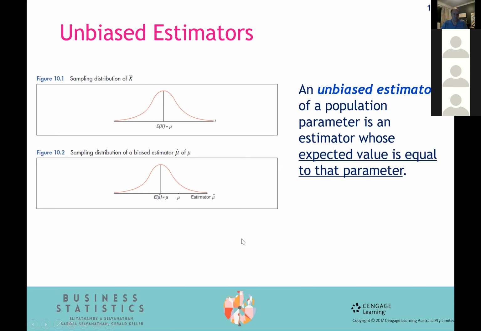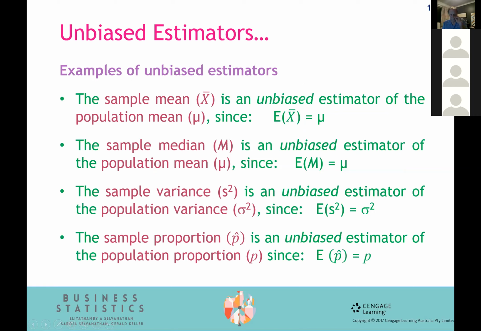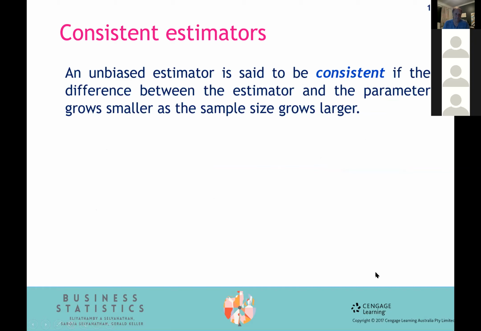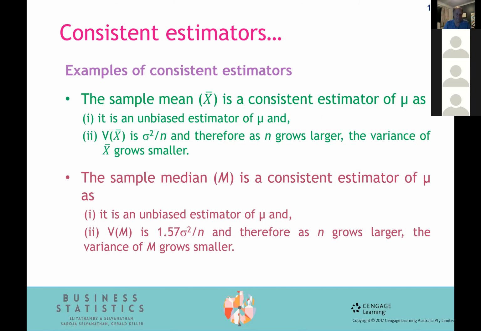You understand? Hopefully it will become clear when we do some examples. Now, you just need to know that the sample mean is an unbiased estimator, the sample median is an unbiased estimator, the sample variance is an unbiased estimator, and the sample proportion is an unbiased estimator. It is said to be consistent if it gets more accurate.